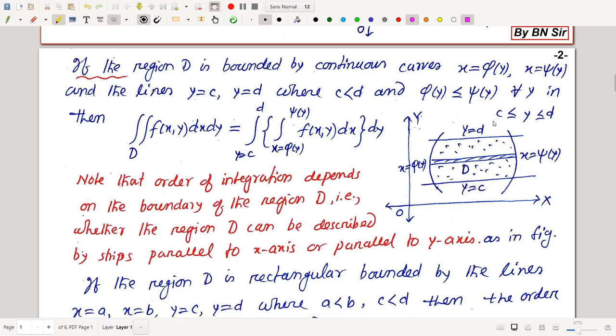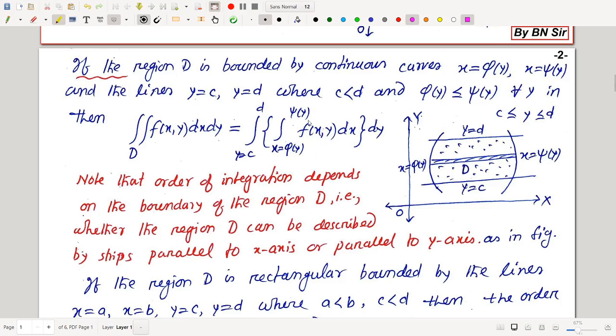Then in that case we integrate along a horizontal strip with respect to x first, this time from x equal to phi y to x equal to psi y. See, in the integration, first we integrate f of xy with respect to x, meaning we take y constant. For the horizontal strip, y is constant, so it is like a partial integral with respect to x, keeping y constant.